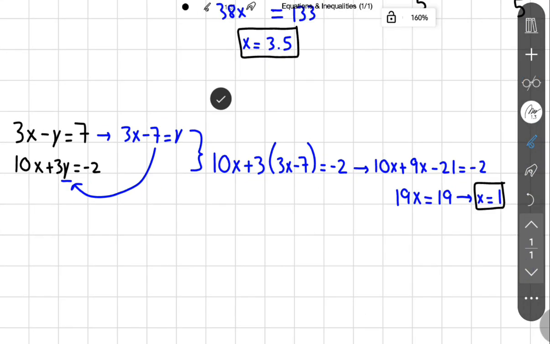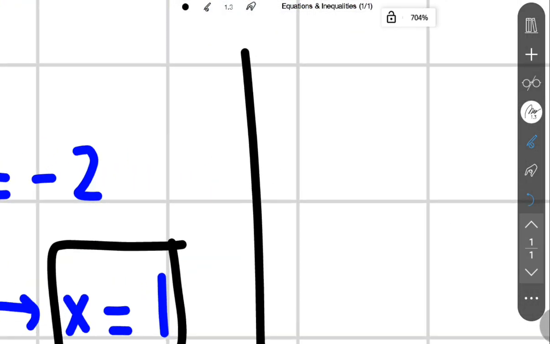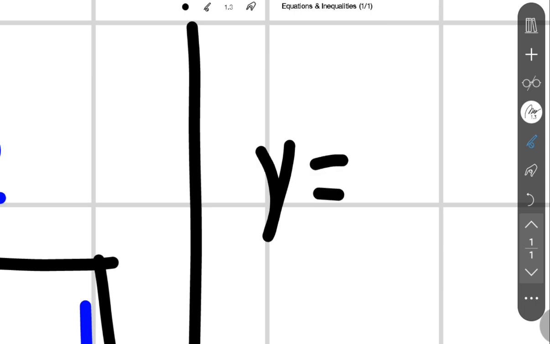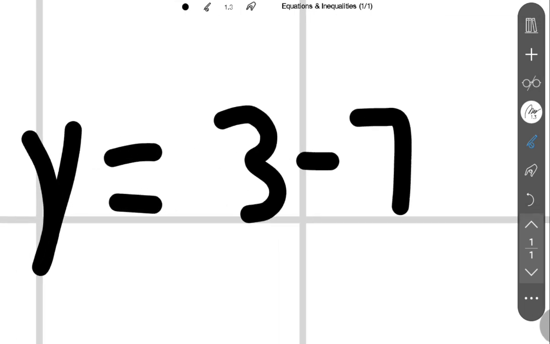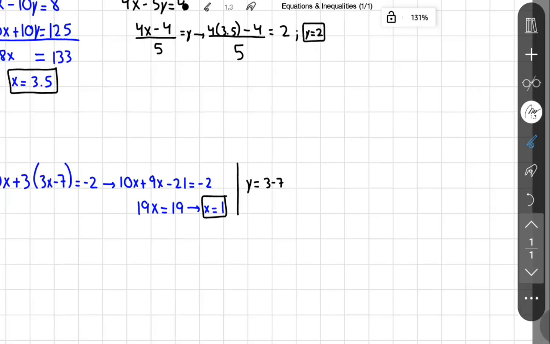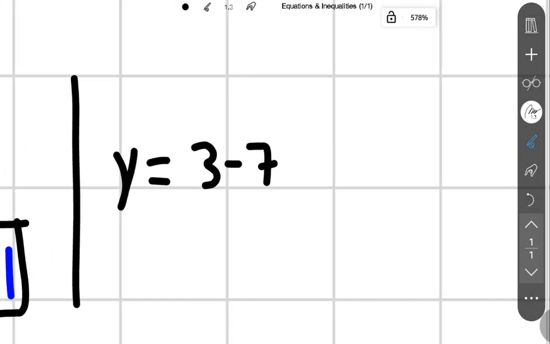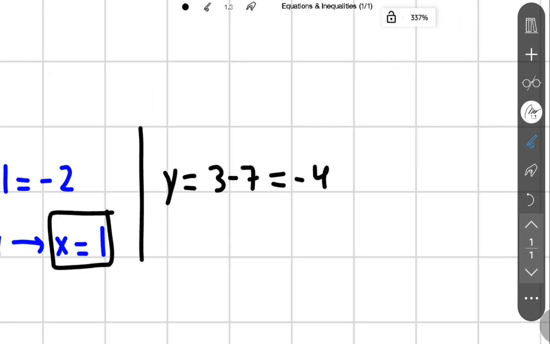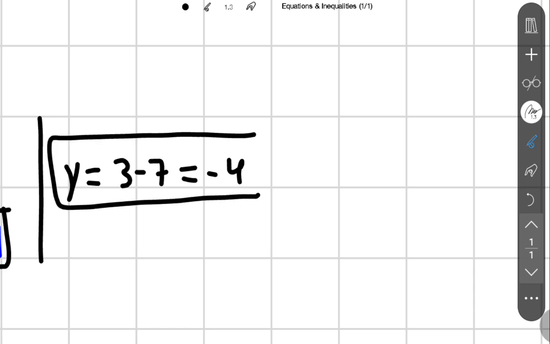We replace it, and y equals, x is basically 1, so we have 3 minus 7, which is basically -4. And there you go. This is the answer for y, and that's how substitution works.